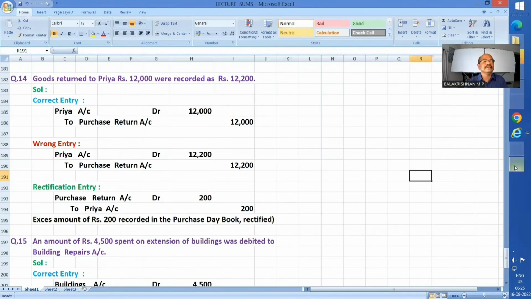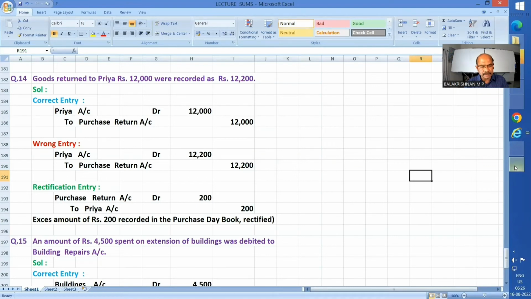Question number 14. Goods returned, priced rupees 12,000, were recorded as rupees 12,200. The correct entry is party account debtor 12,000 to purchase return account 12,000. Why does the entry have to be like that? When purchased goods get returned, we enter in our day book, purchase return book.